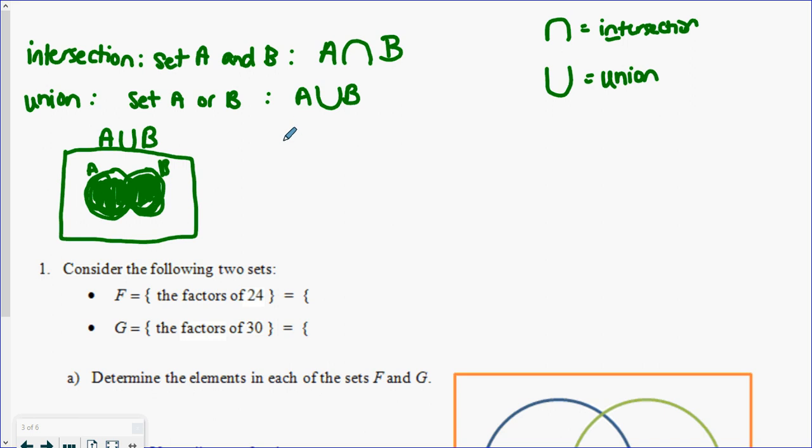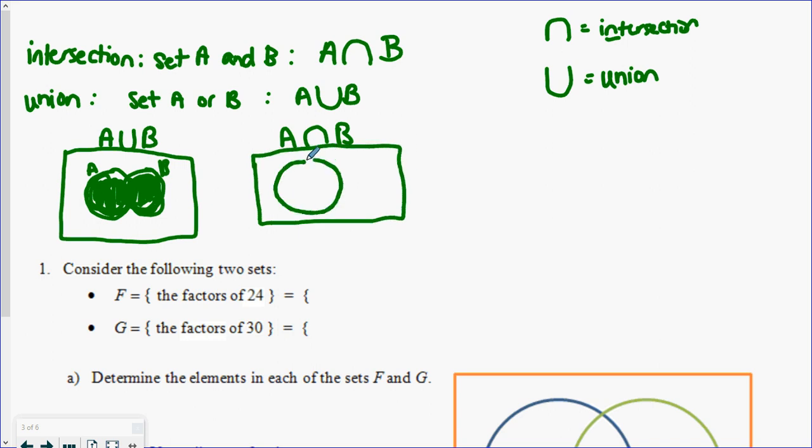The next one is the intersection of A and B. That one is this part. Again, the intersection is what's in common, or what is within both.